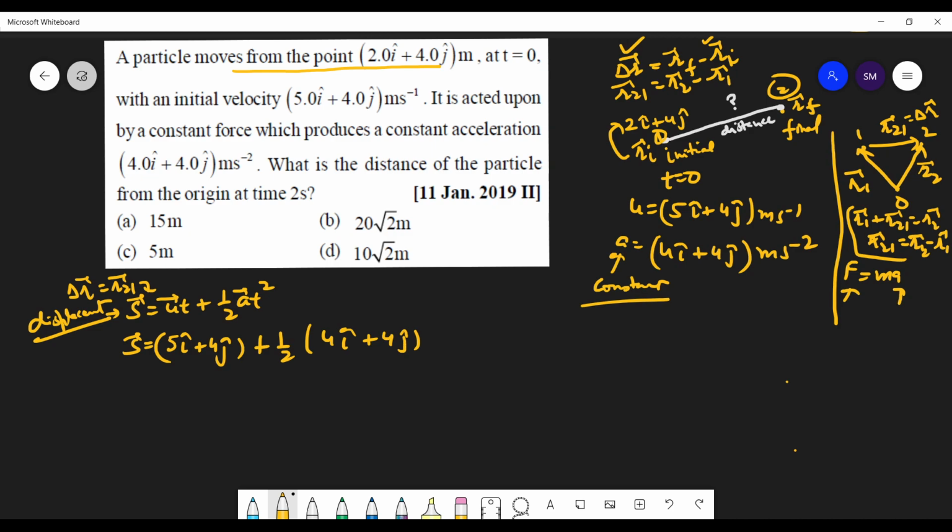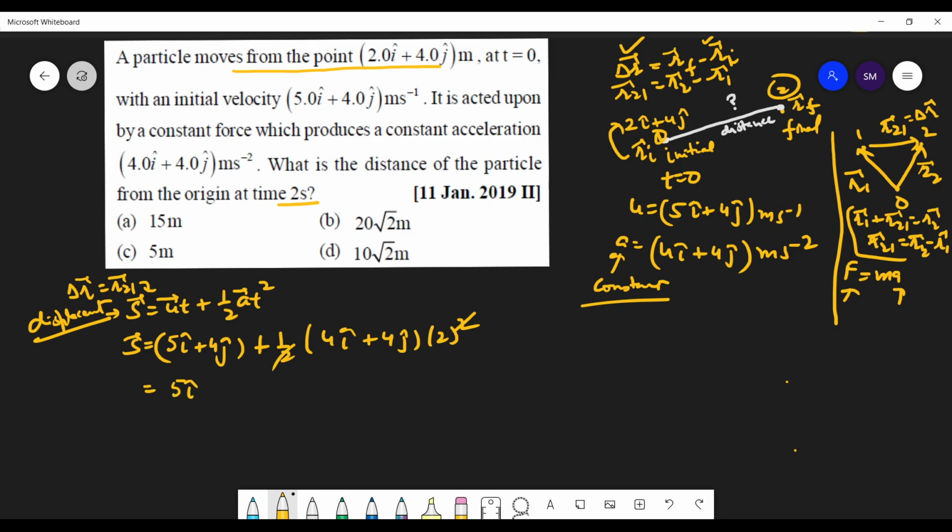What is t? T is time, 2 seconds, so 2 square. Now this comes out to be, so this is half, so 1, 2 will be cancelled out, so 2 will be multiplied, so 4 to the 8 i cap will be added.